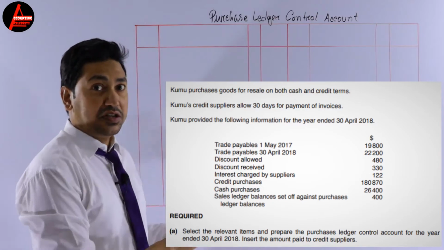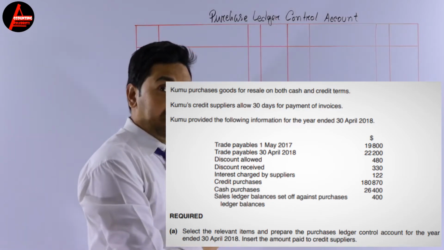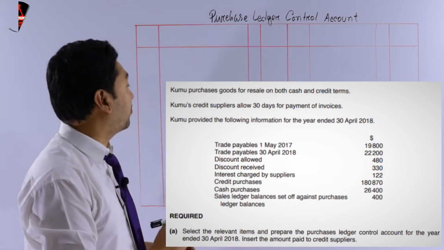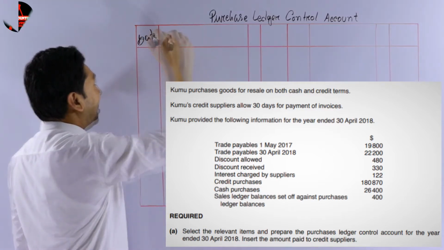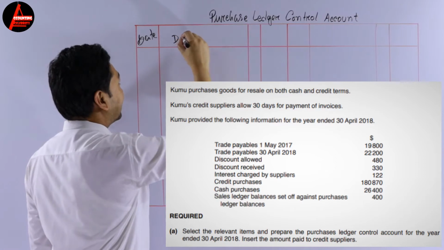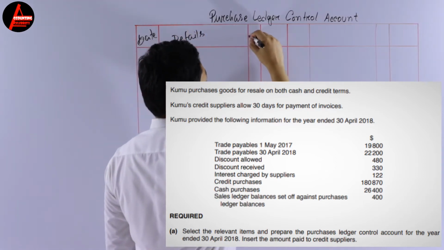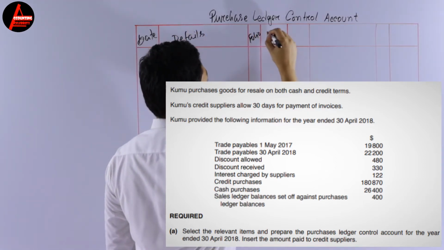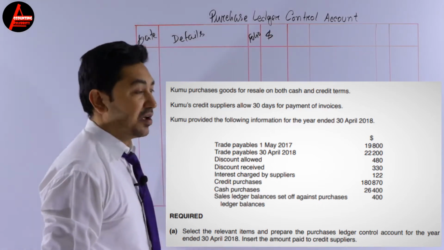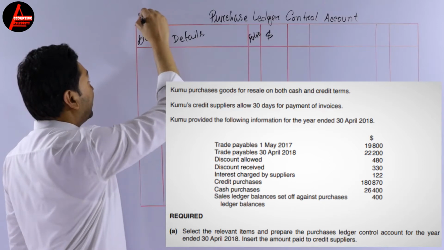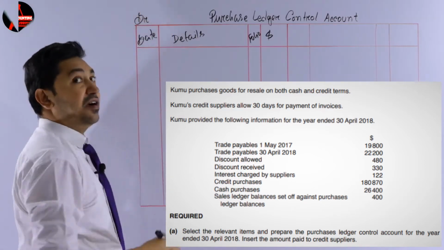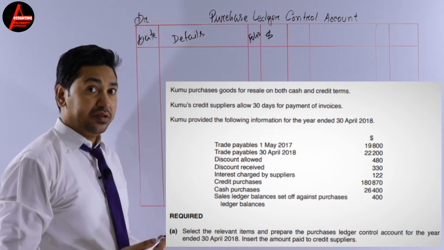So this is the format, the eight-column format, the T-shaped ledger account format. Here we will record the date and here the details. In this column we will write the folio number and dollar columns. These four columns are called debit columns. DR is abbreviated to debit.